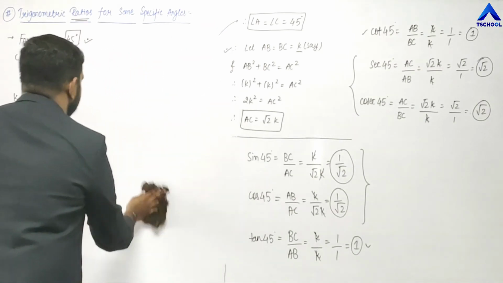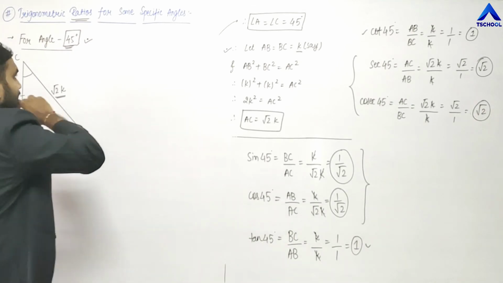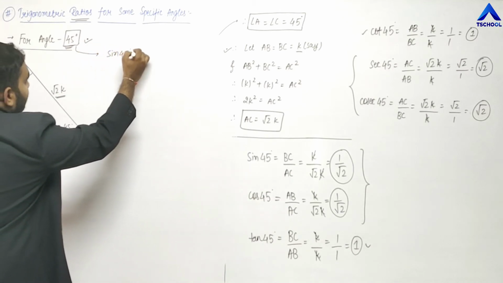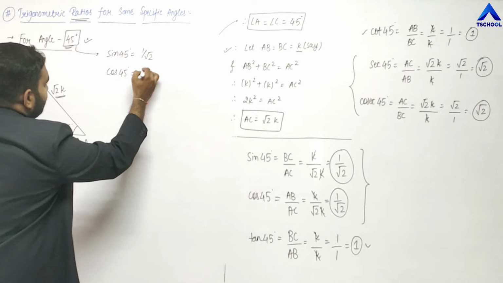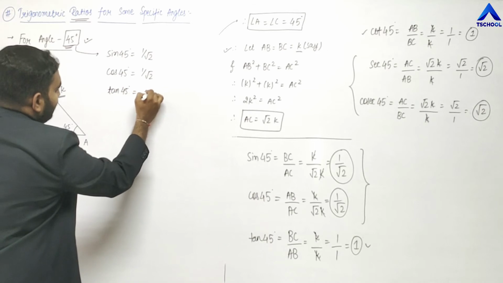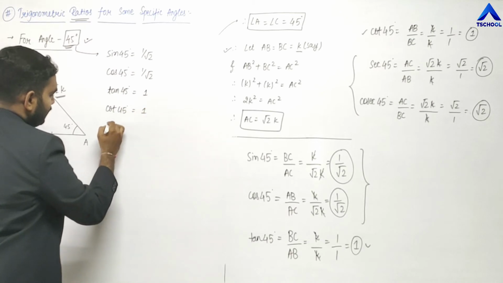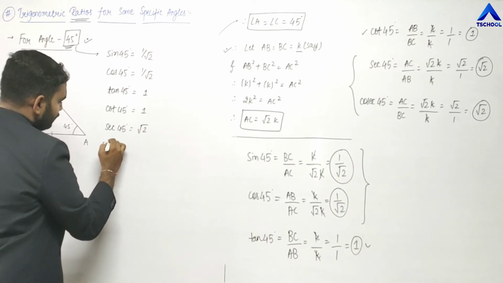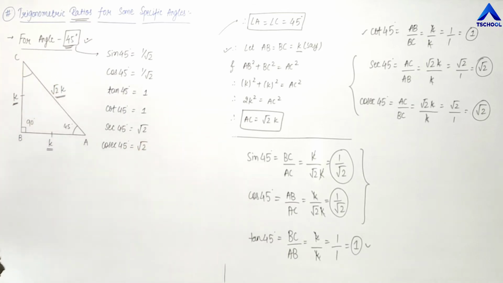After all of this derivation, I can come to a conclusion that the trigonometric ratios for the specific angle 45 are sin 45, that is 1 by root 2, cos 45, that is 1 by root 2, tan 45, that is 1, cot 45, that is also 1, sec 45, that is only root 2, and cosec 45, that is also root 2.